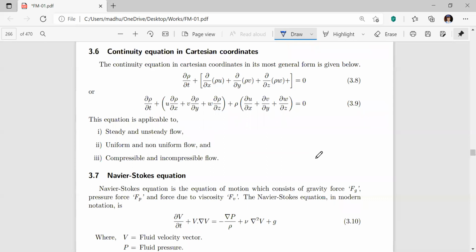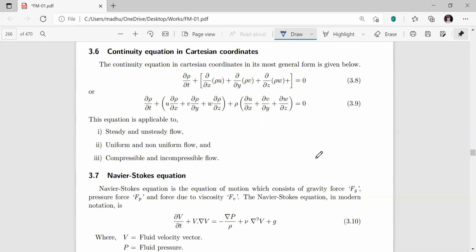This is nothing but the definition of laminar and turbulent flow, as well as the hydrodynamic entry length and velocity boundary layer. So in this syllabus, you have been told to study the continuity equation, only the expression, not the derivation, and also the Navier-Stokes equation, only the expression, not the derivation.